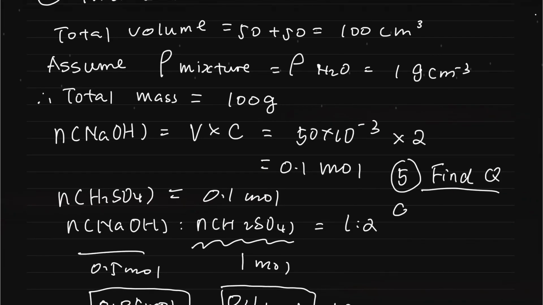And then we just substitute all this into the equation. Q equals c times m times change in temperature: 4.18 times 14.3 times 100. We get 100 from the total mass.